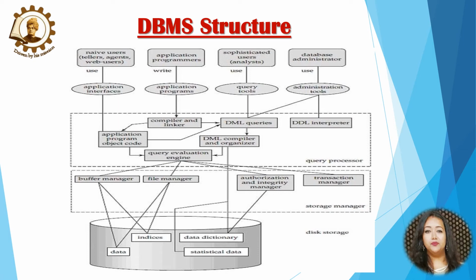DML compiler translates DML statements in a query language into low-level instructions that the query evaluation engine understands. In addition, the DML compiler attempts to transform a user's request into an equivalent but more efficient form, thus finding a good strategy for executing the query.